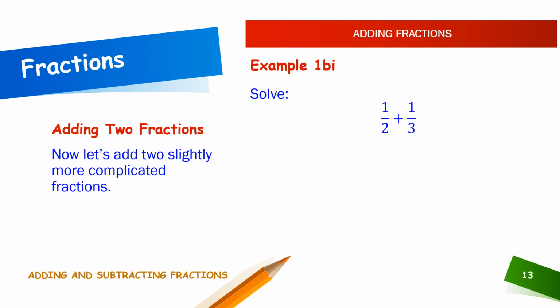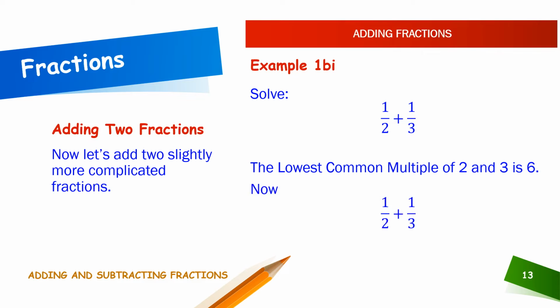Now let's add 2 slightly more complicated fractions. First, convert the fractions so the denominators are the same. The denominators are 2 and 3. The lowest common multiple, or LCM, of 2 and 3 is 6. If you cannot remember how to find the LCM, please revisit the unit on HCF and LCM. Multiply the numerator and denominator of 1/2 by the same number 3 to give 1/2 equals 3 out of 6.